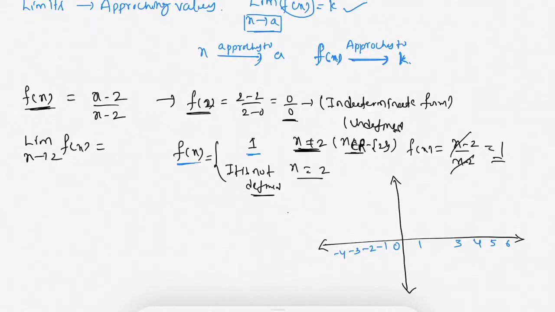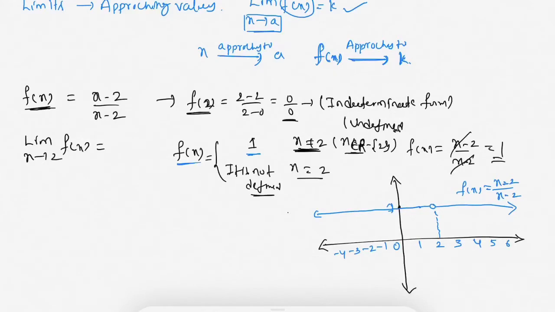So put 1 here for the y coordinate. f of x is 1 at every value except at 2, where you draw a hole like this, which means it is not defined. For x equal to 2, it is not defined. So this is the graph of f of x equal to x minus 2 by x minus 2.